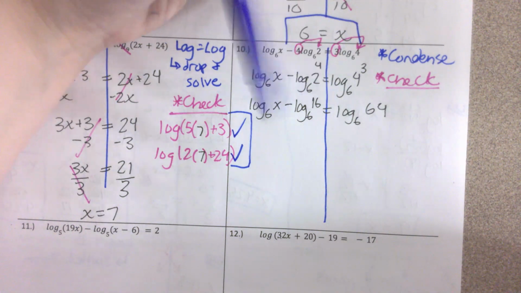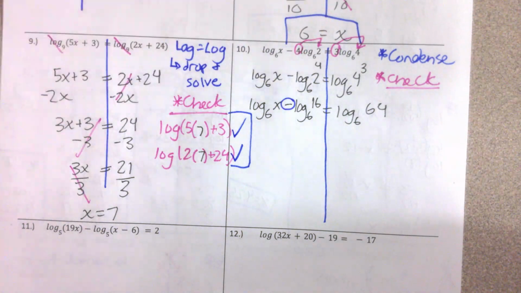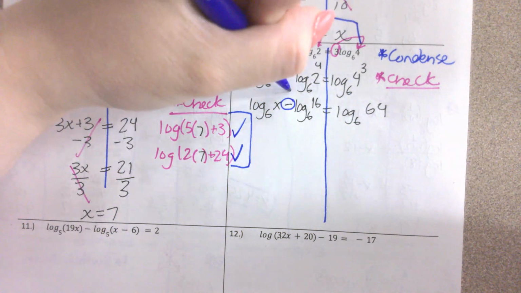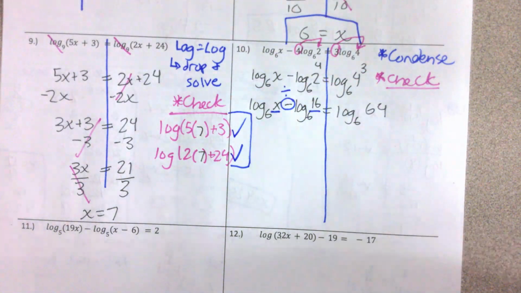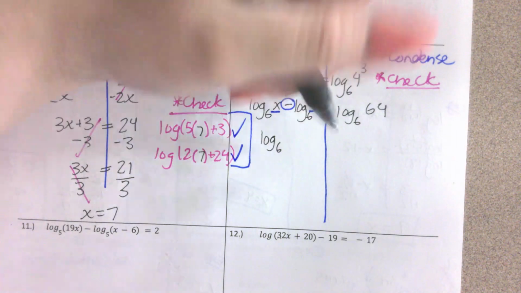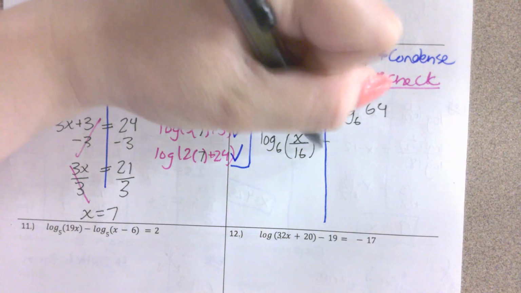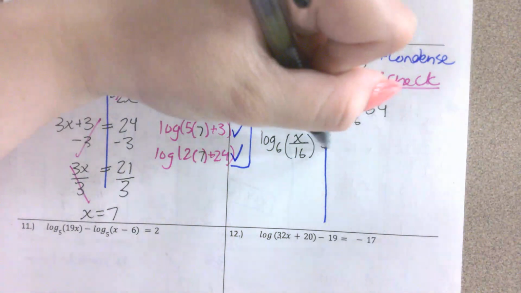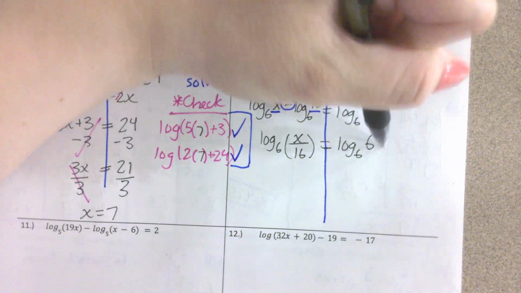On the left side, we still have 2 logs. We're not supposed to have that. This minus in the middle of them tells me I'm going to divide x by 16 in that order. So that's going to get me log base 6 of x divided by 16 equals log base 6 of 64.